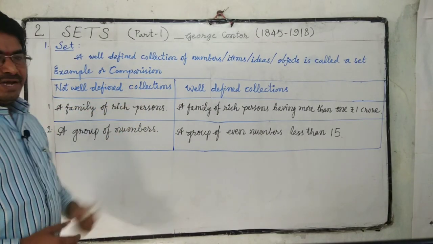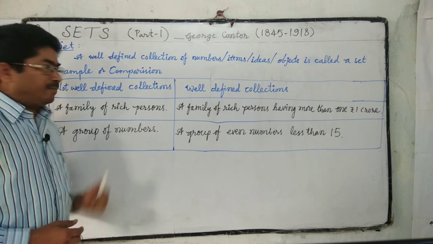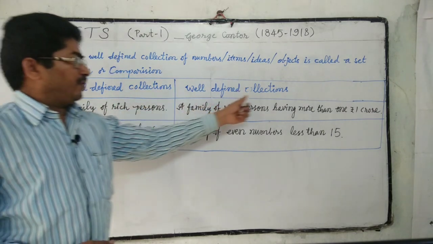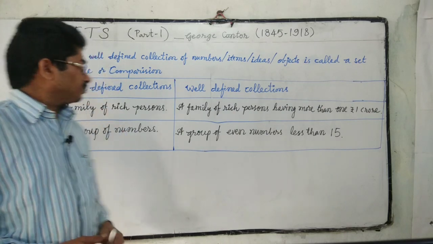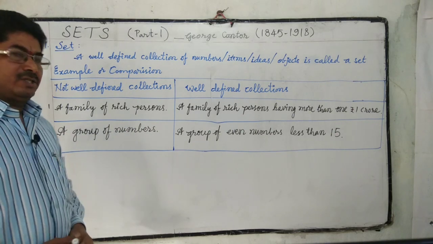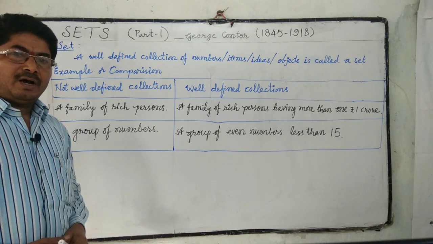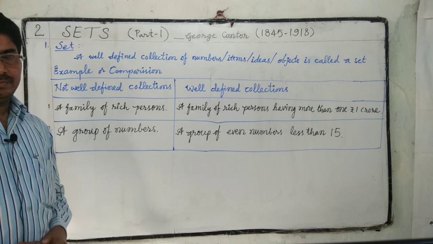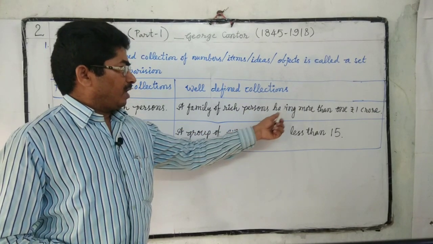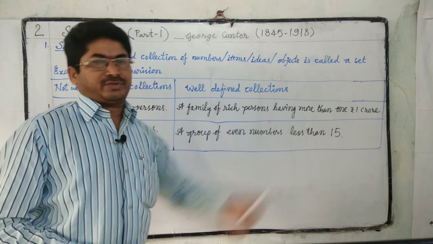Example or comparison of not well-defined collections and well-defined collections. A family of rich persons. This is not a well-defined collection. A family of rich persons having more than 1 crore rupees.